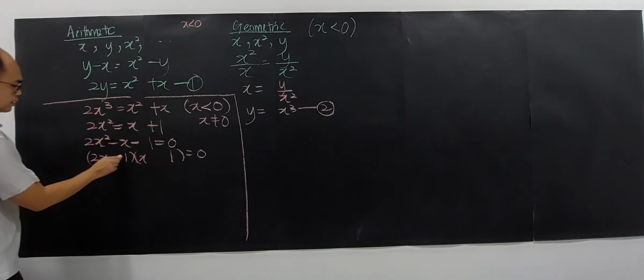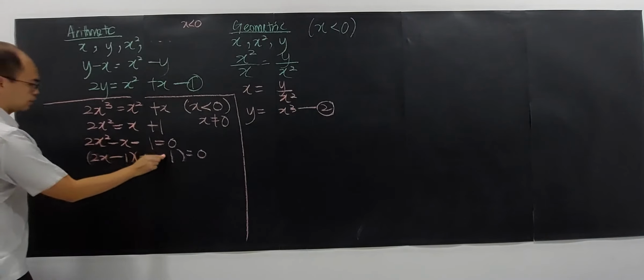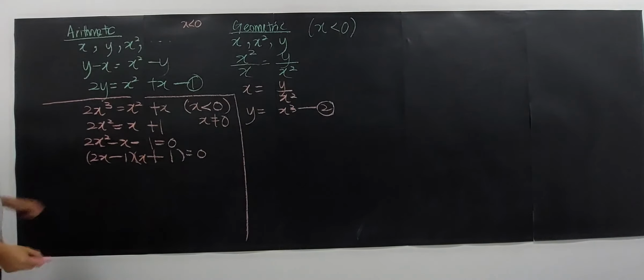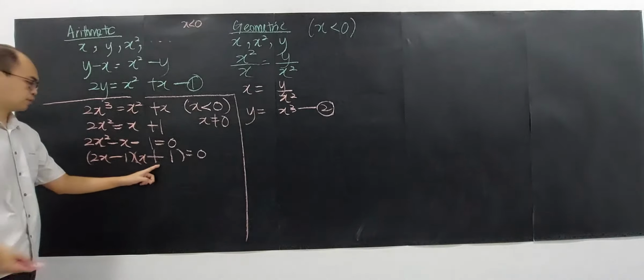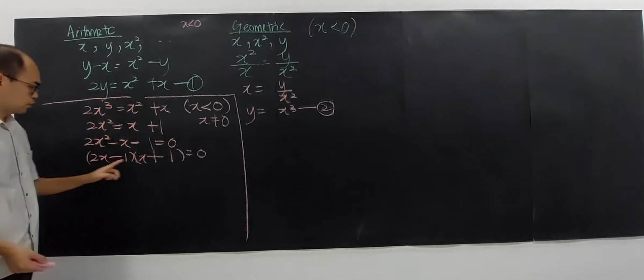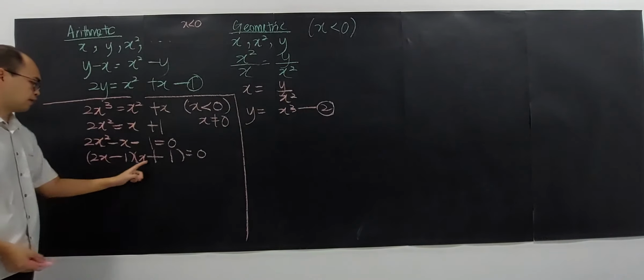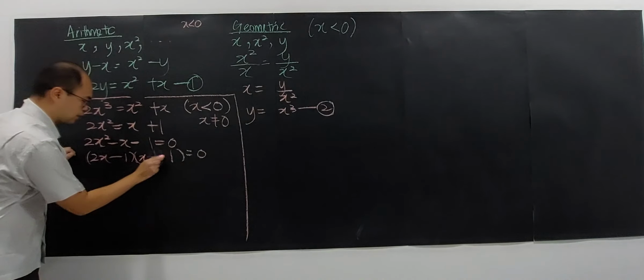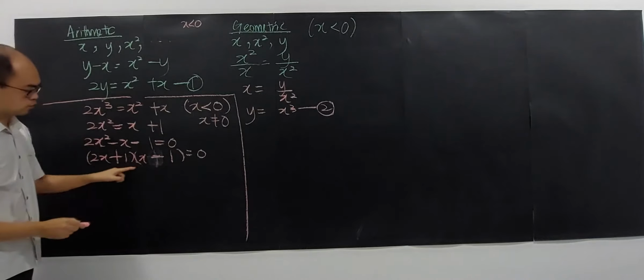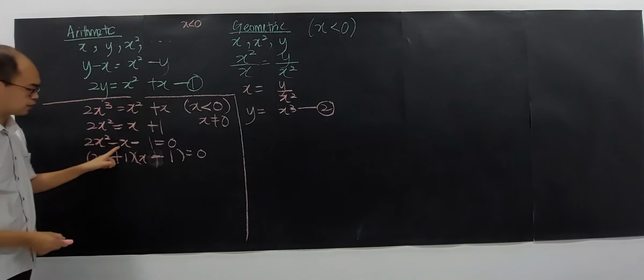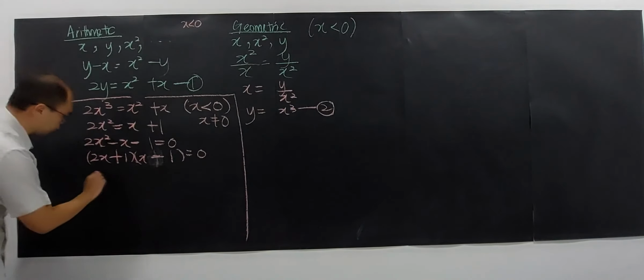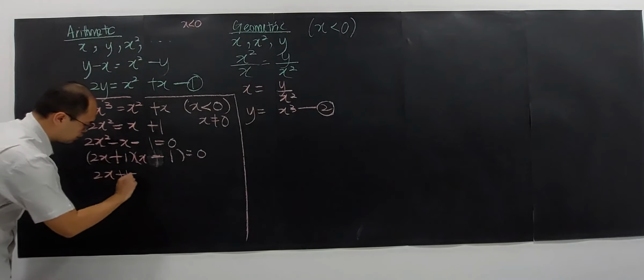One will be negative and one will be positive. Positive x and negative 2x give negative x, and negative 1. So you have two solutions for x.